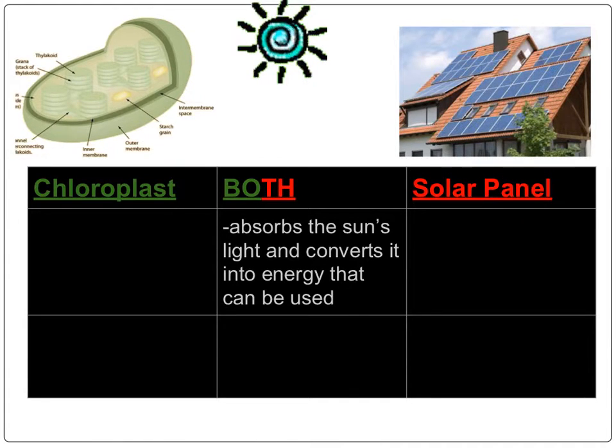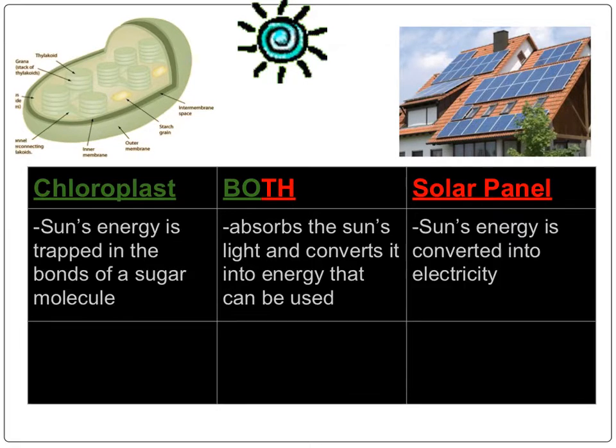Both solar panels and chloroplasts are absorbing the sun's light and converting it into energy that can be used to power, in the case of a house, appliances, let's say. But in the case of the chloroplasts, it's to power the actual plant that the chloroplasts are contained in.